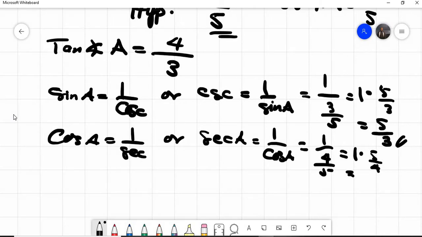So we just flip it. Whatever we had for cos, sec is the reciprocal of cos.